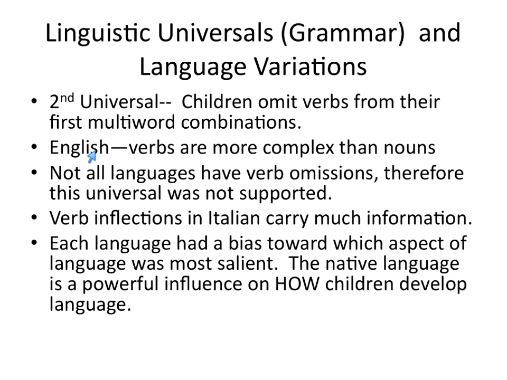Another universal that was not proven. Each language had a bias toward which aspect of language was most specific. The native language is the most powerful influence on how children develop language. So the grammar, the syntax, the vocabulary all depend upon the native language of the child, not linguistic universals.